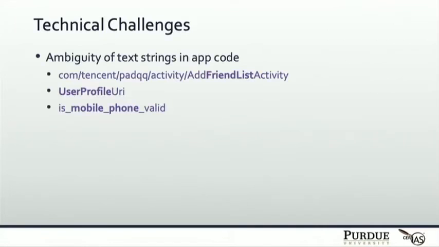Okay, so although the app code is semantics-rich, recovering those truly sensitive data sources from the code is by no means trivial. The first challenge here is how to effectively resolve the various ambiguities of the text strings in app code. As shown here, in many cases, the presence of a sensitive keyword may not represent any sensitive content.